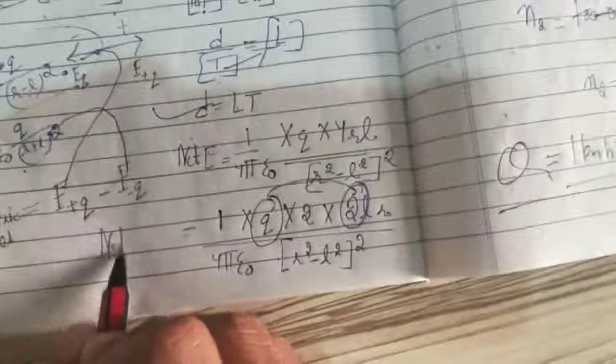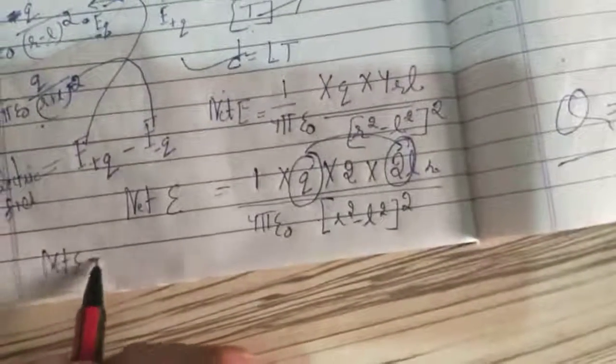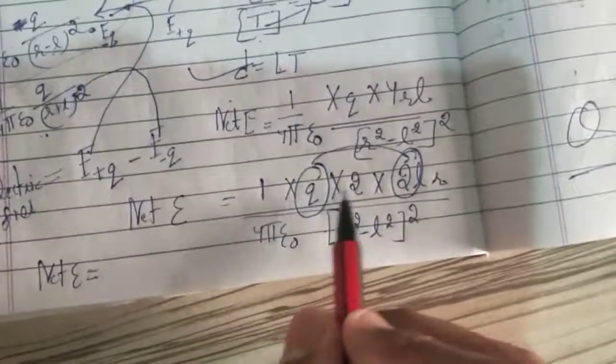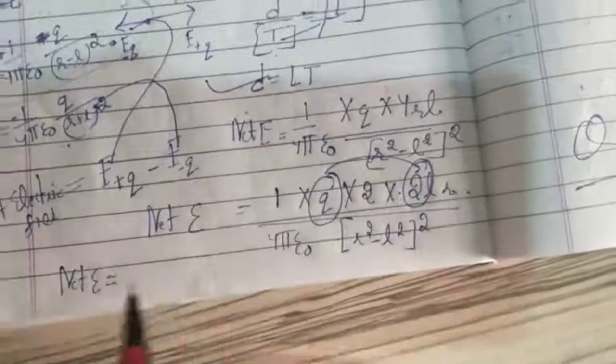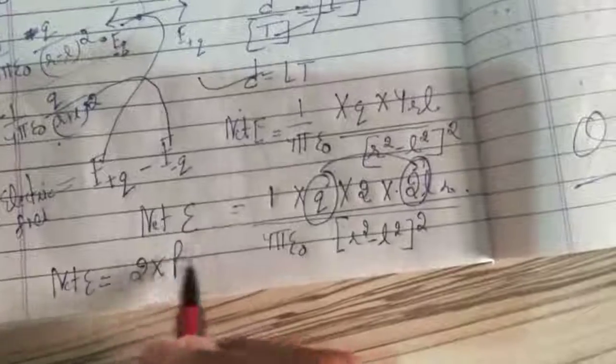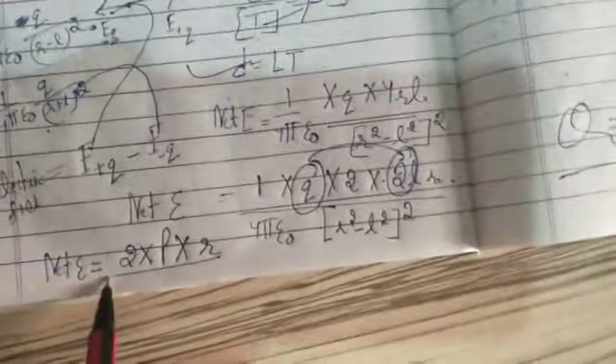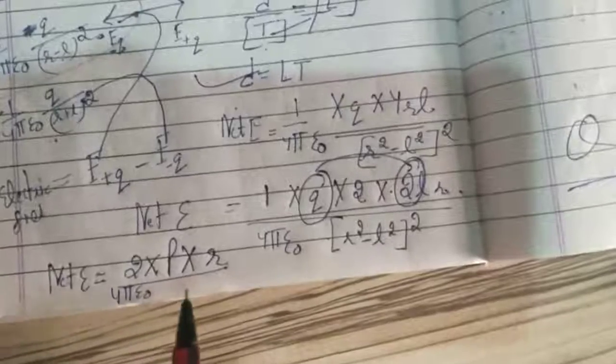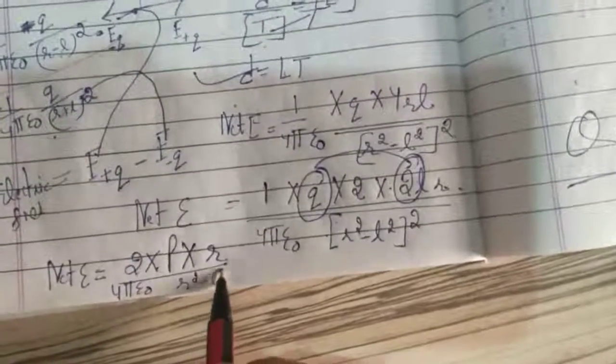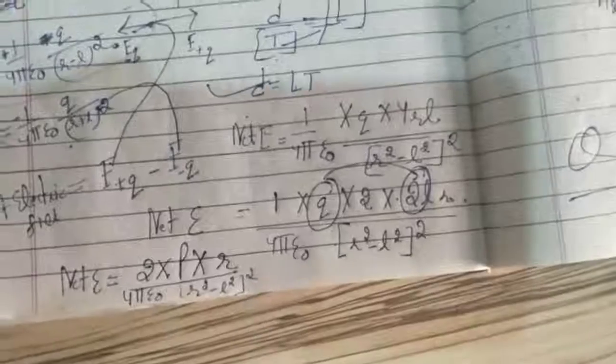So net E is going to change. Net E is equal to 2 into dipole moment into R upon 4 pi epsilon naught (R square minus L square) whole square.